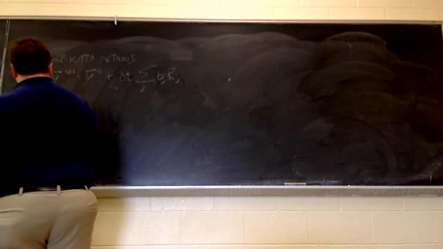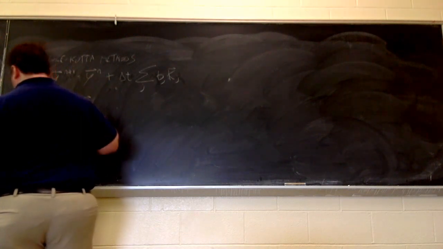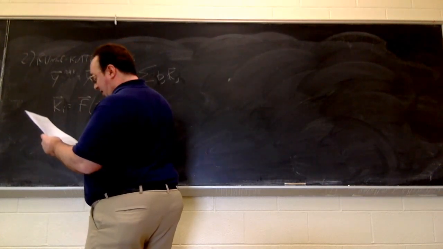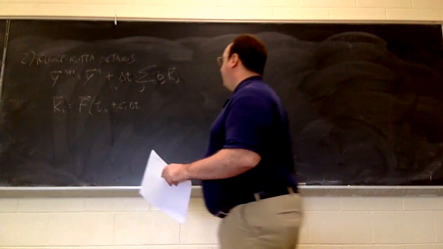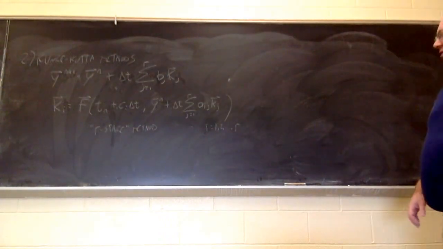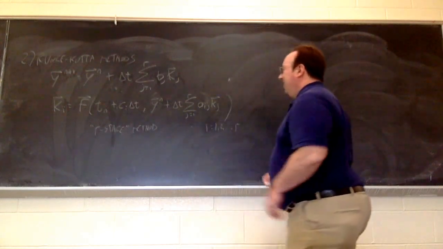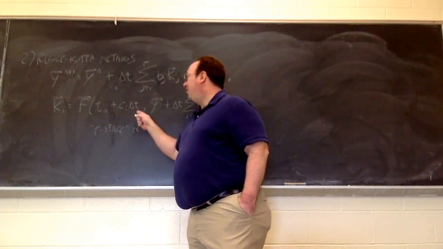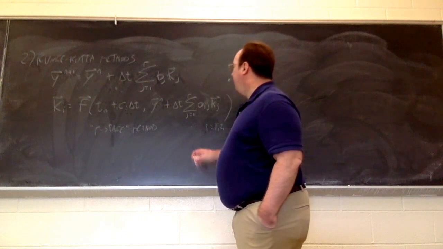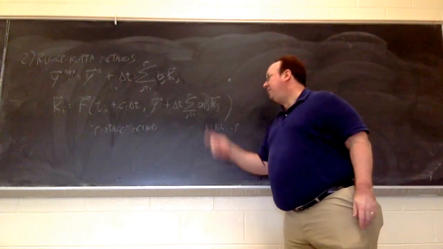Each k vector is an evaluation of f at some chosen t, so it's always tn plus some multiple of delta t, and then some y argument, which is always yn plus some linear combination of these same k vectors.